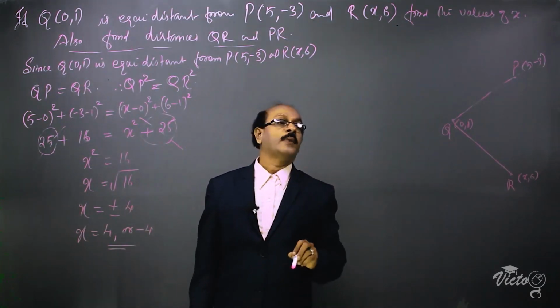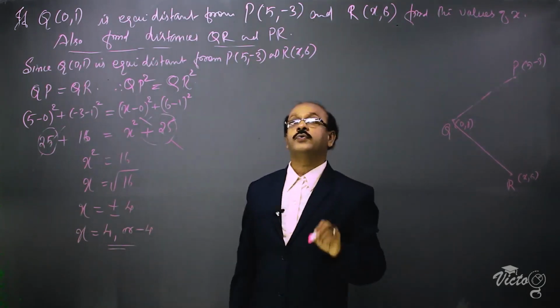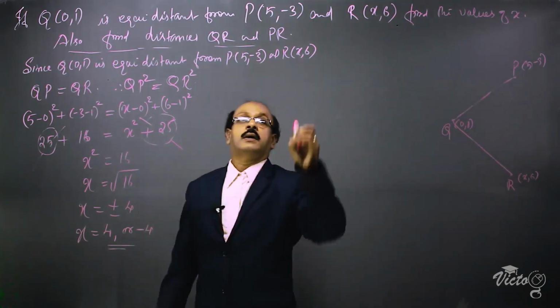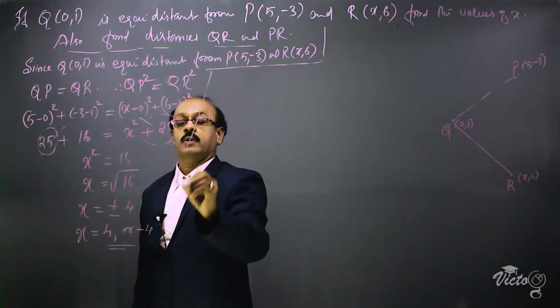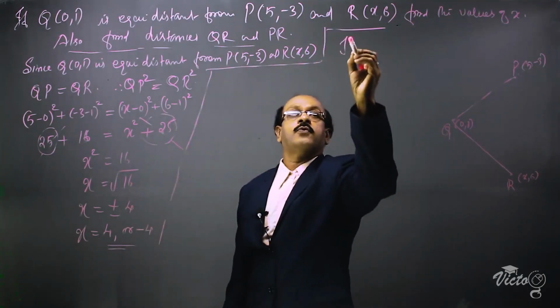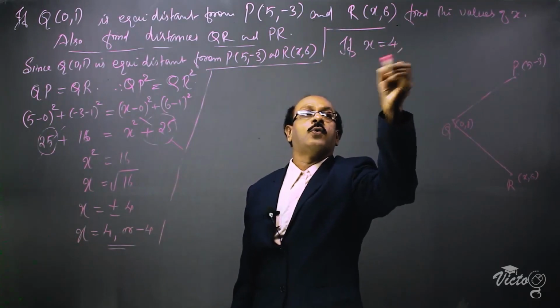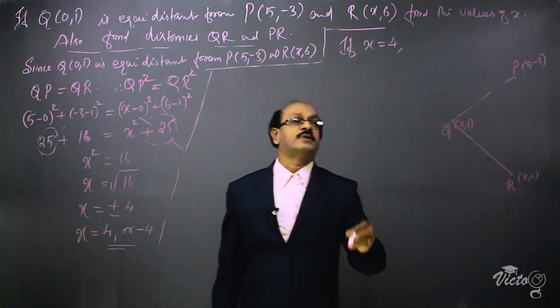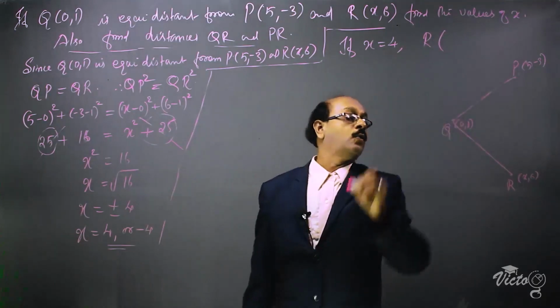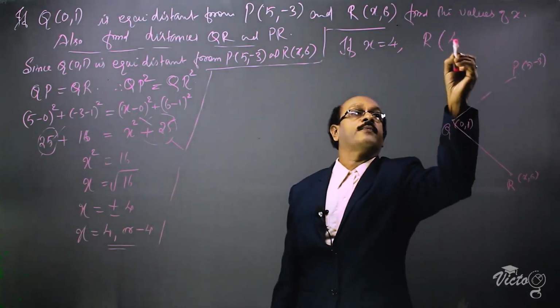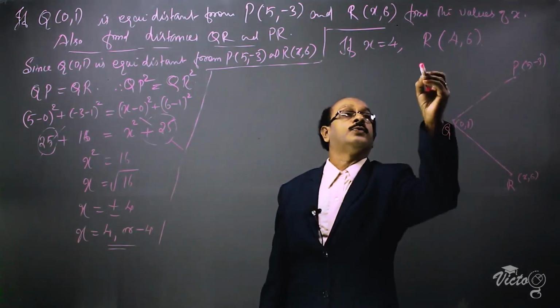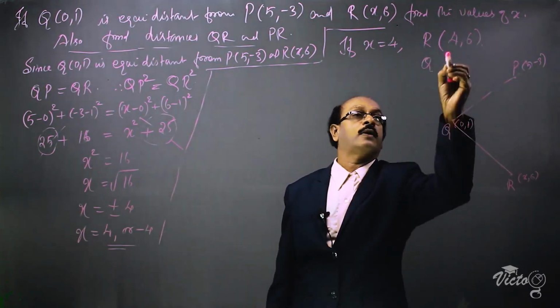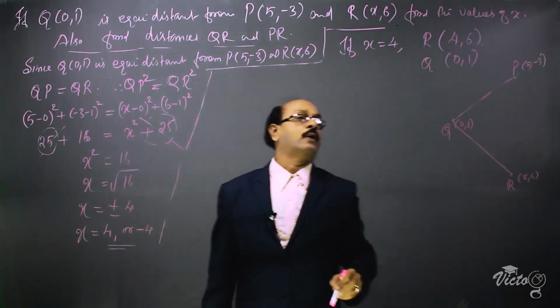The first part is over. Now we have to find the values of QR and PR, using both values of x. If x is equal to 4, the point R is (4,6) and Q is (0,1).